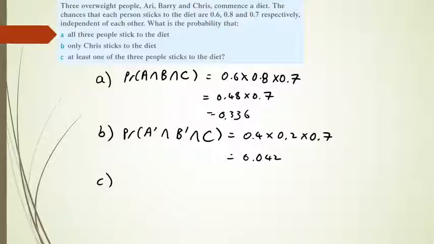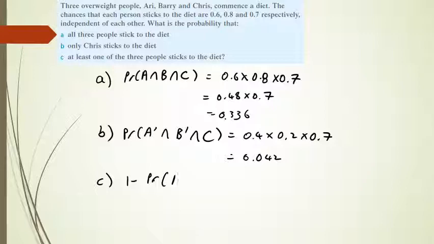Alright. At least one of the 3 people stick to the diet. Now, because at least one of them, that includes A sticking to the diet, B sticking to the diet, C sticking to the diet, and then some combination of all 3 of them sticking to the diet. Quicker, if you work out, because remember they all have to add up to 1, the only scenario that this does not include is if none of them stick to the diet.